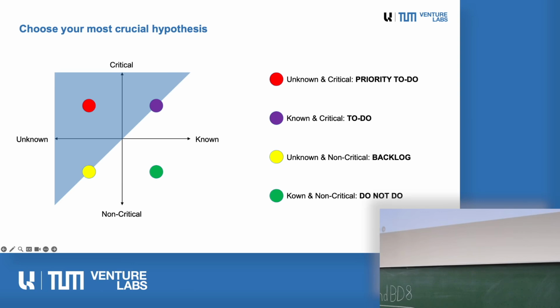If it's super non-critical and unknown, for example, adding different colors. You don't know if it changes a lot of things, but the value proposition of your store is not providing shoes in every color, but it's providing shoes in every size or something like that. So you can do it at some point when you think, okay, now we have the time, but it's not as important as the two above.